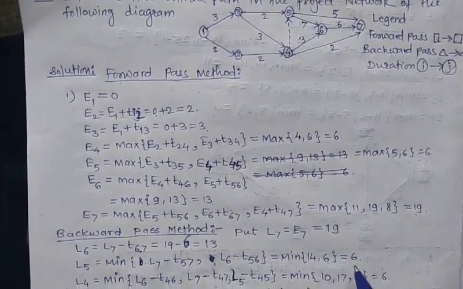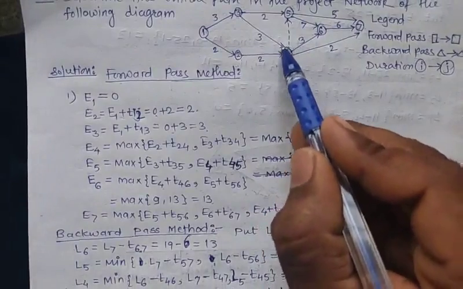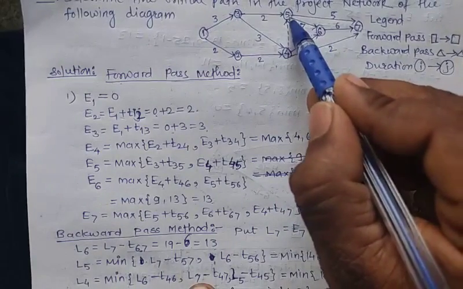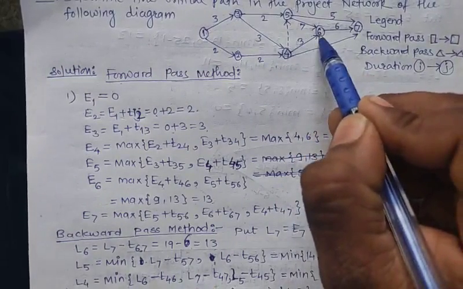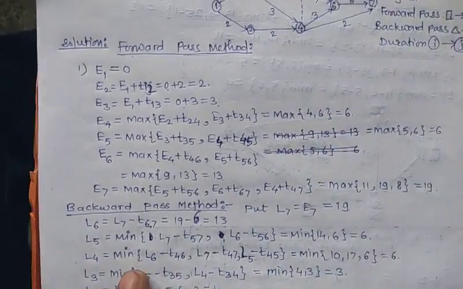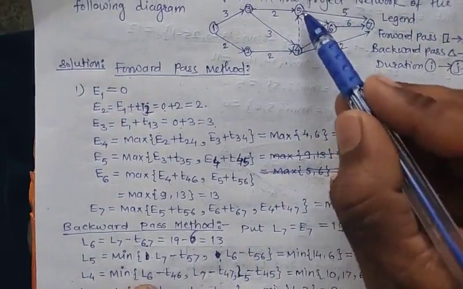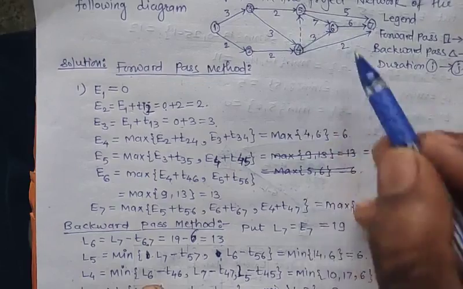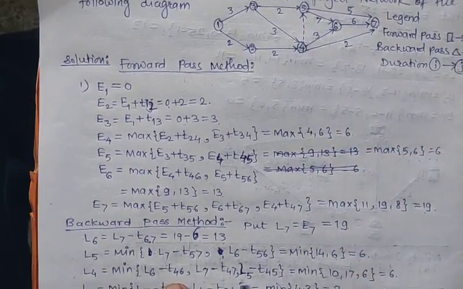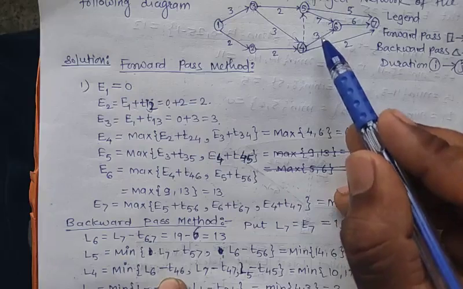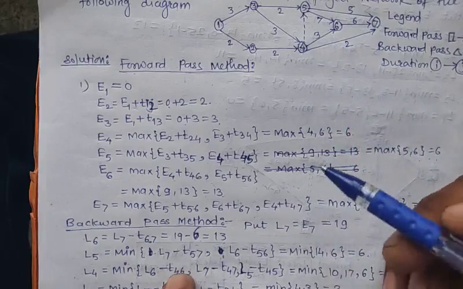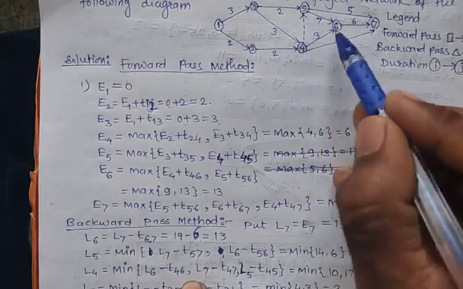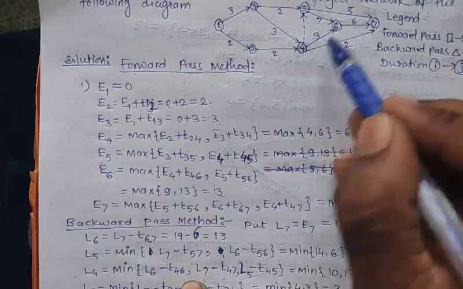Next calculate L4. Observe that from L4 there are three outgoing arrows, which go to L5, L6 and L7.